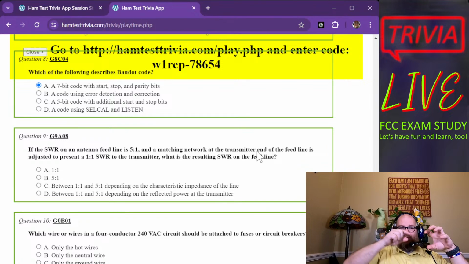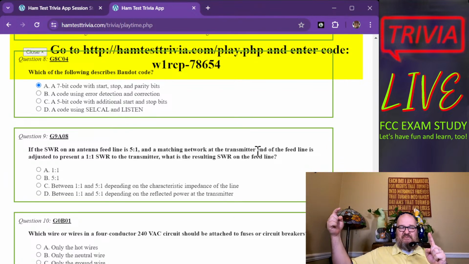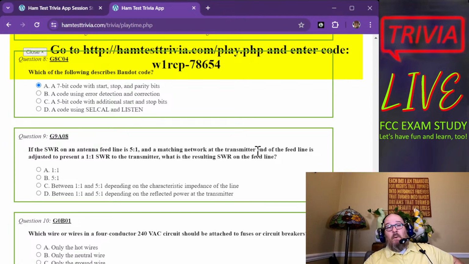It matches it to the radio, but the feed line is still 5-1. Hey, that's why I bought a remote tuner. So now I only have 25 feet of high SWR instead of 125 feet. It's still going to be 5-1. I know I got that one right.